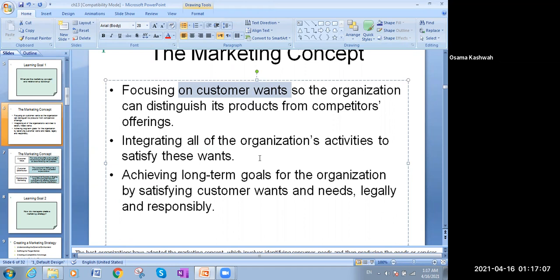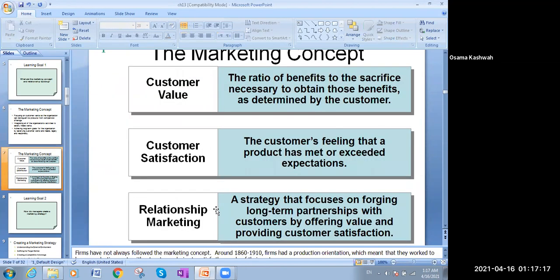So the organization can distinguish its products from competitor offerings. Marketing starts with the consumer and ends with the consumer.